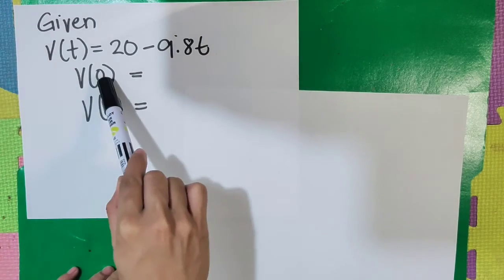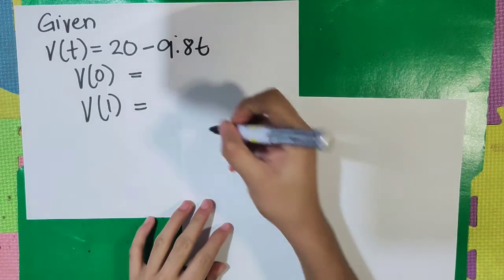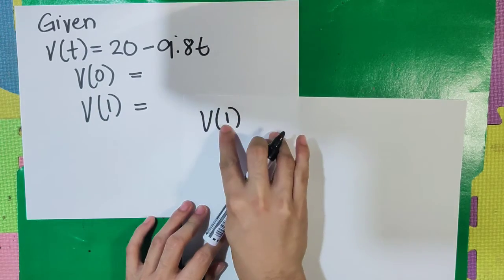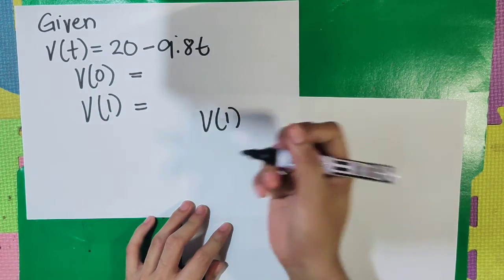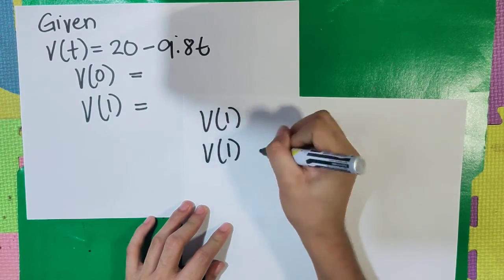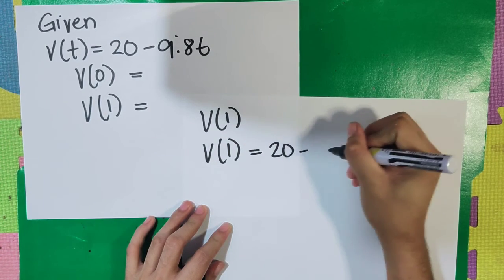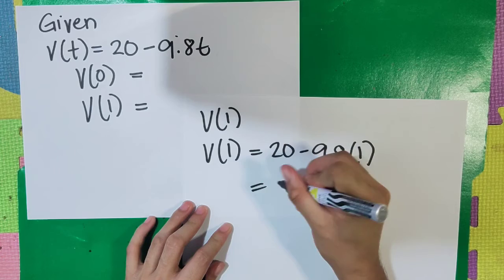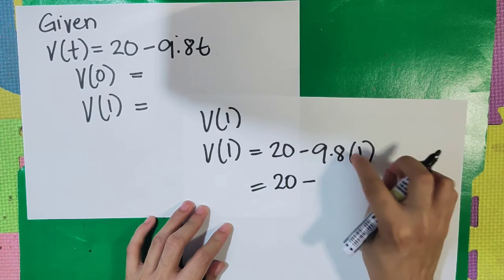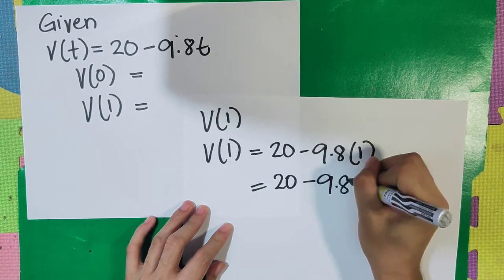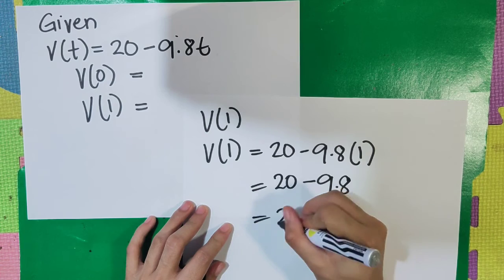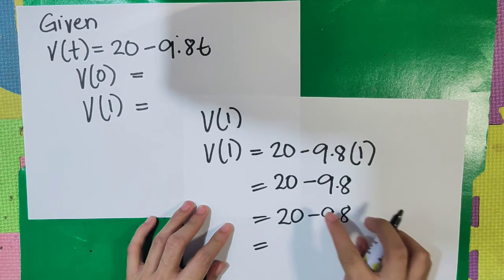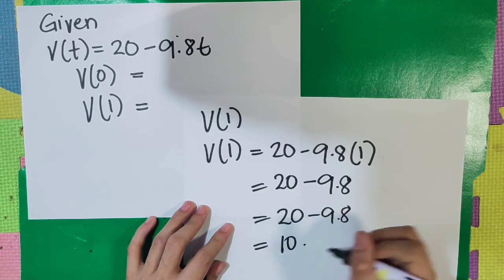After the v of 0, we need to solve the v of 1. So v of 1. We need to substitute this 1 into the given function. So v of 1 is equal to 20 minus 9.8 times 1. 9.8 times 1 is still 9.8. So 20 minus 9.8 is equal to 10.2.